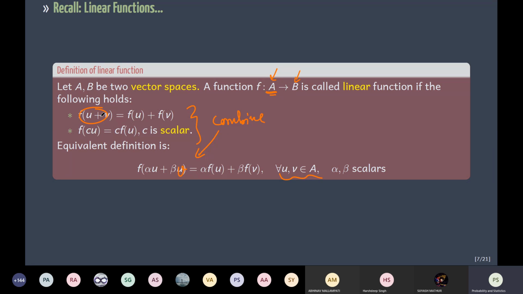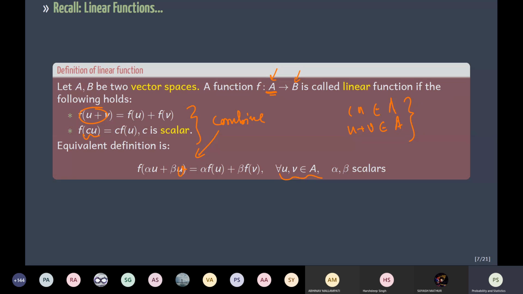In general, we may not be able to add things, but to be safe, we say it's a vector space. We can add, and we can also do scalar multiplication, and it's guaranteed that c u is also in A and u plus v is also in A. That is why we need a vector space, because a vector space preserves addition and scalar multiplication.